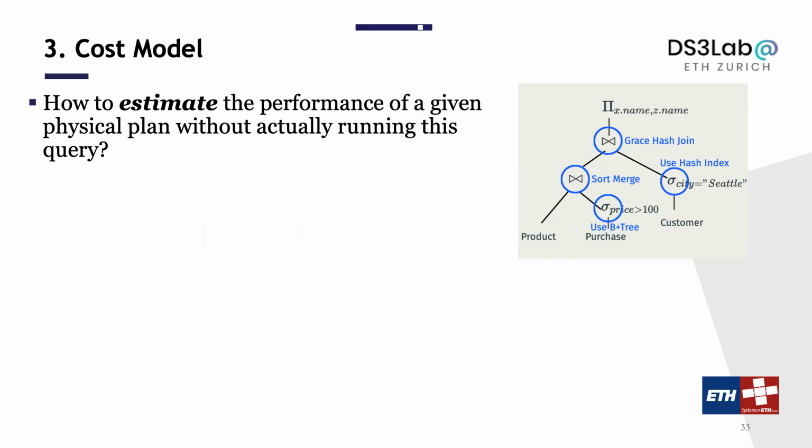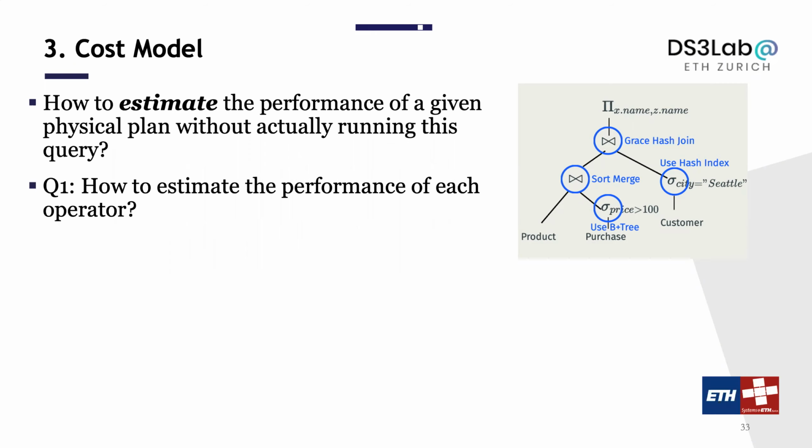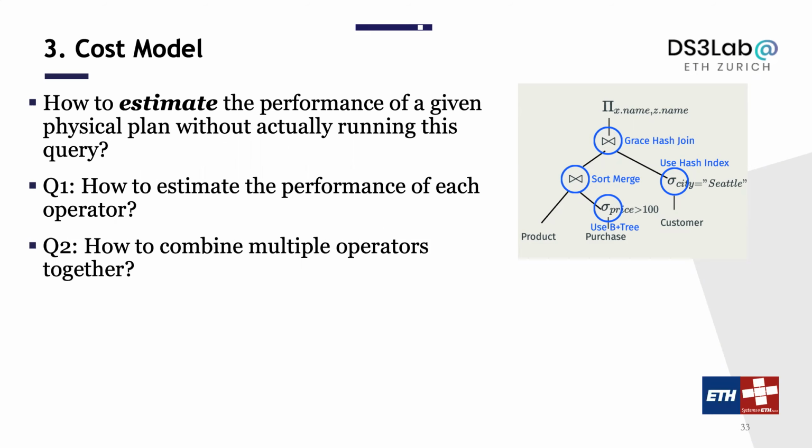So there are two questions that we need to understand if we want to build a cost model. The first one is how can we estimate the performance of each of these operators? And second is how can we combine multiple of those operators together to have the final cost of this whole plan? So the second question is actually easier, because if you know the cost of each operator, you can combine them together with your execution model.